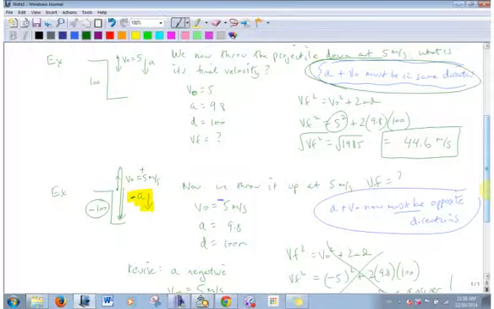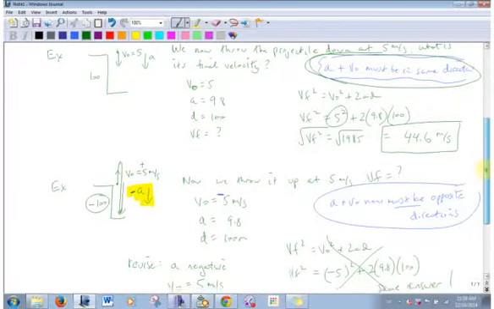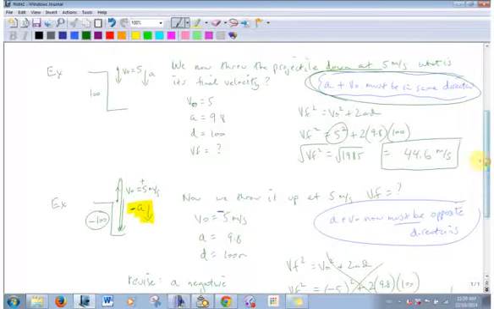I'm holding it up, but it's still under acceleration. What is its acceleration at the top? Gravity's still affecting it at the top. It's still 9.8. What's the gravity when it comes back down? Anywhere in this path, it's going down at 9.8 meters a second squared. Velocity, if I throw it up at 5, what's its velocity coming back down? It's 5, isn't it? It's the exact same problem.